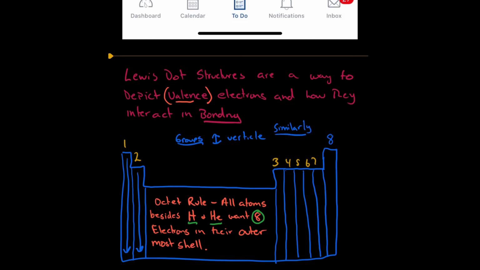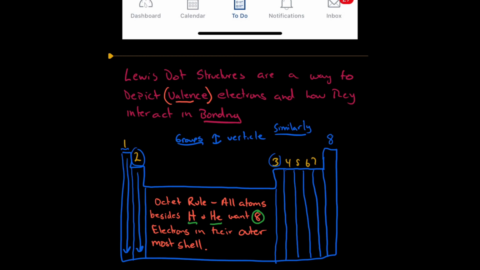Group 1 has 1 valence electron. Group 2 has 2. Then we skip the transition metals, because you can't really tell where the valence electrons are in them; they're in a sea of electrons moving around. That's what makes them shiny and conductive.